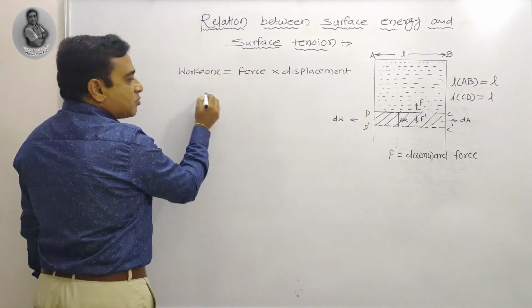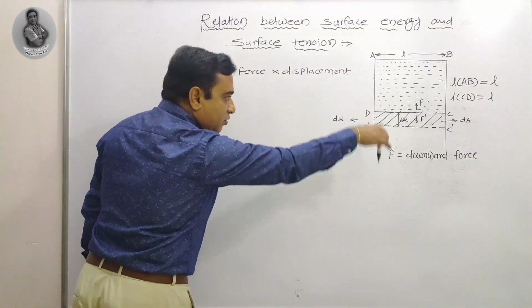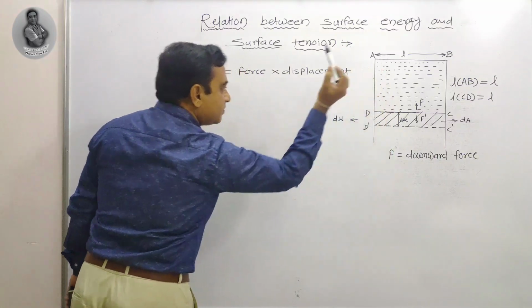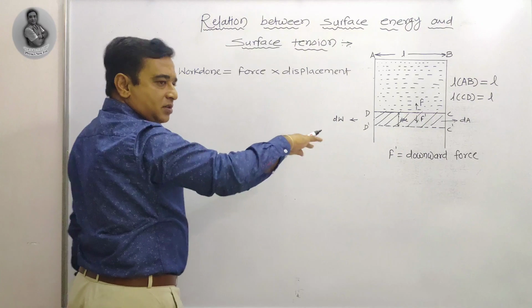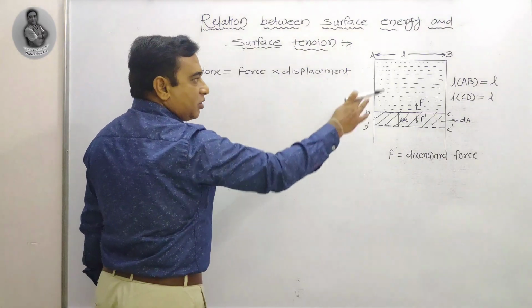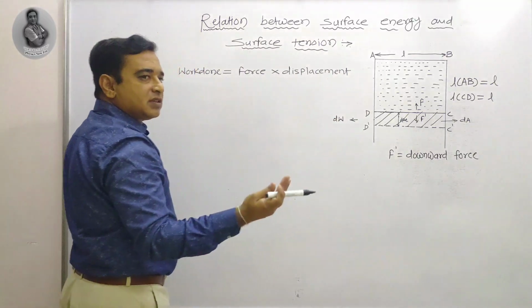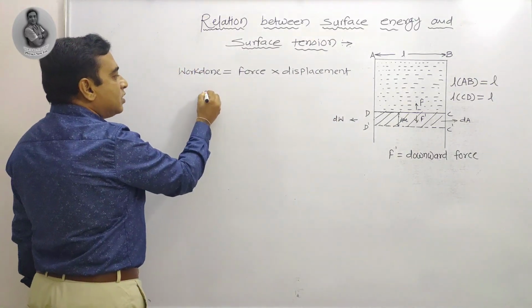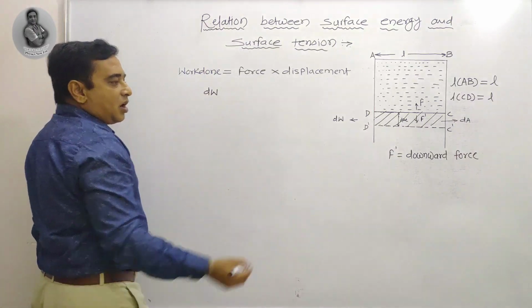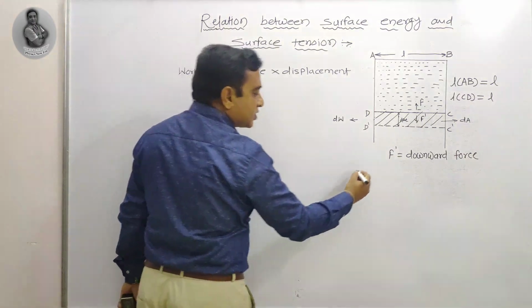Going to substitute. A small amount of force is applied in the downward direction, and the counterbalancing force towards AB is applied by the membrane from both sides, because the membrane has two sides. Obviously, all the molecules of that membrane possess some cohesive force, due to which the counterbalancing force is applied in the upward direction. How much is the counterbalancing force?